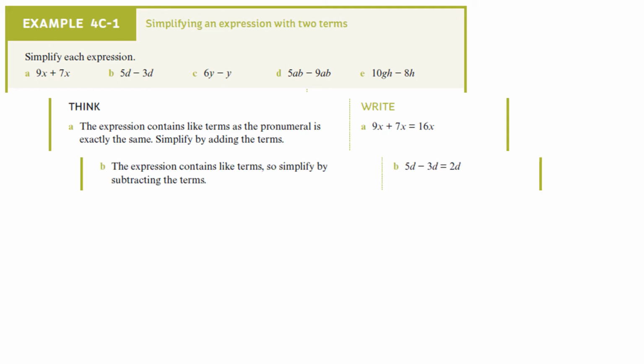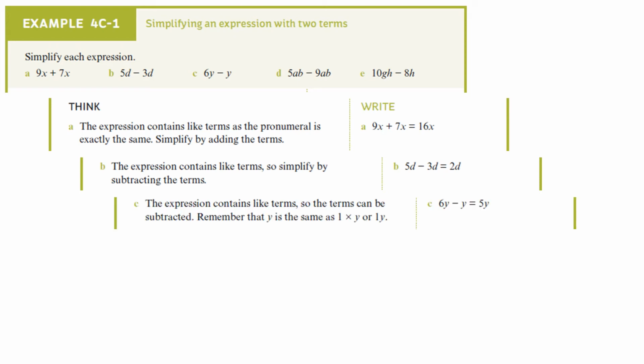Question B, 5d minus 3d, they are like, they share the letter d. 5 minus 3 gives us 2, 2d in this case. Question C, 6y minus y. Again, they are like. Now the y here is just the letter without the number in front, here's a remember statement.